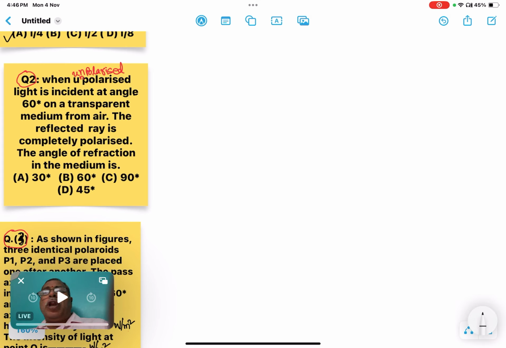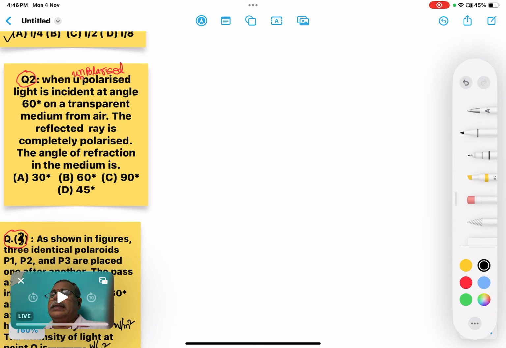Now, unpolarized light is incident at an angle of 60 degrees on a transparent medium from air. The reflected ray is completely polarized. The angle of refraction in the medium is? My dear students, this is the surface.